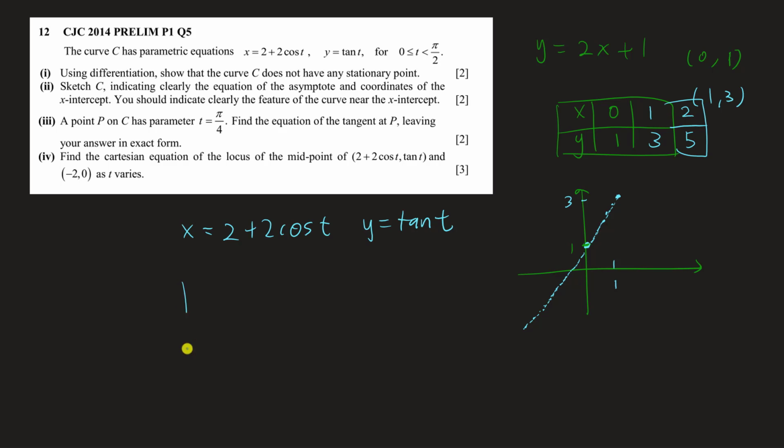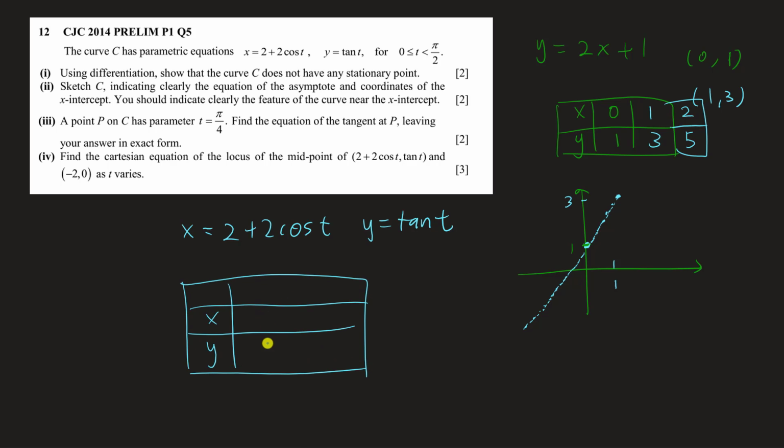In this question, instead of me churning out x and y values, like I put a 0 here and find out what y is, we are going to make use of an additional middleman known as t. Now we will be moving t. t can be 0, it can be 0.5, it can be 0.75, whatever t can be. It will be denoted here. t will be values between 0 and pi over 2.